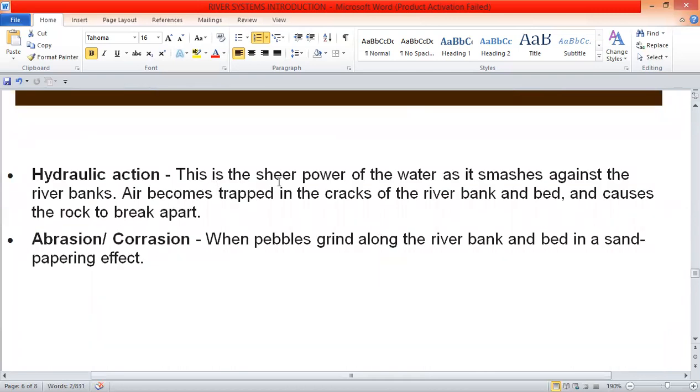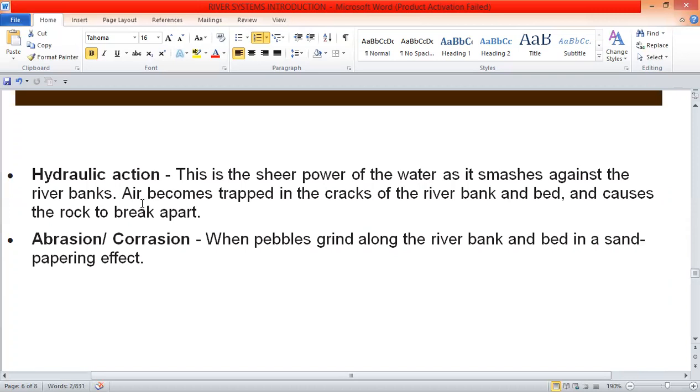This is when the water splashes the load, the particles on the walls of the banks, or the water is splashing hard against the walls of the banks.